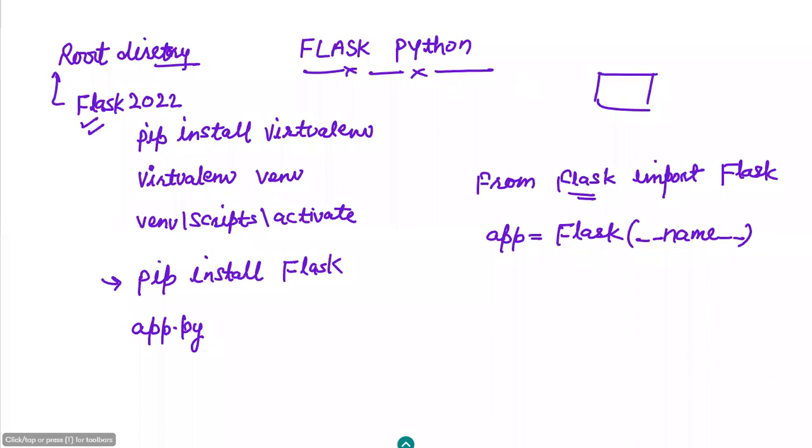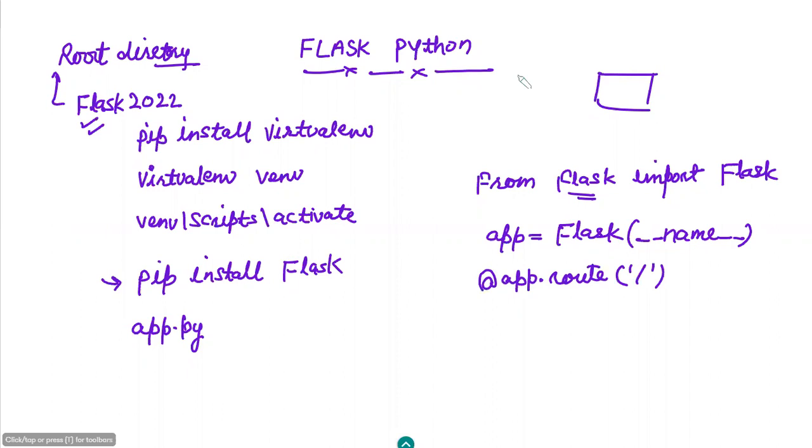Create a route by applying at the rate app dot route, I'm passing that variable here, and just give the path, that is slash, which will be the default path.